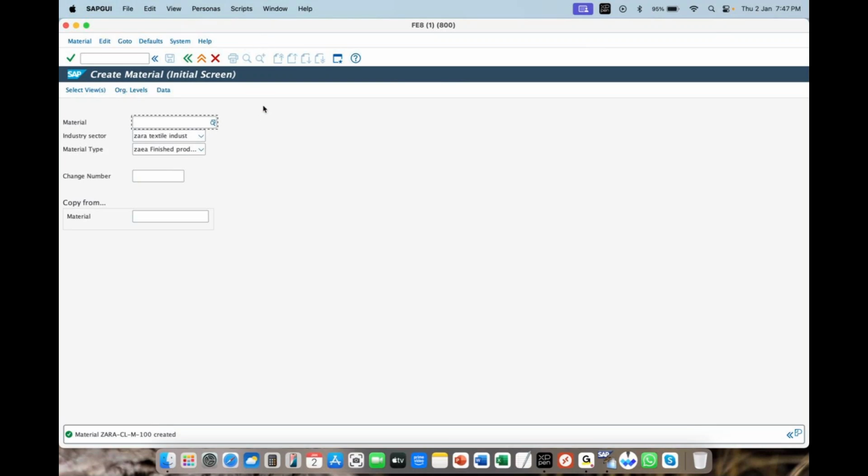So we'll see how to work on these two scenarios in tomorrow's session, and this material creation topic will be done by tomorrow.